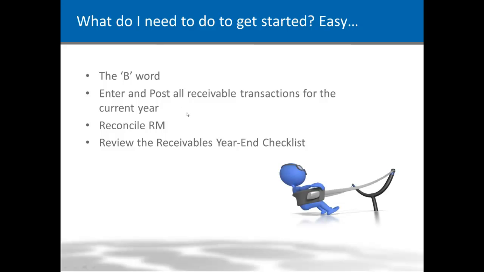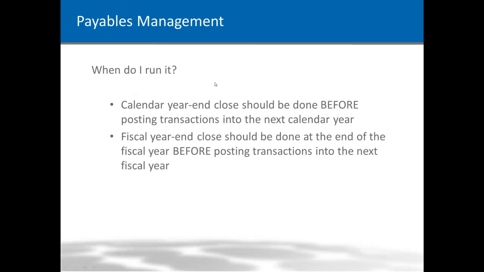So you enter and post all your receivables transactions for the year, reconcile receivables, and then review your receivables year-end checklist. For payables, same thing. Calendar year-end close should be done before posting transactions into the next calendar year. Fiscal year-end close should be done at the end of the fiscal year before posting transactions into the next fiscal year.